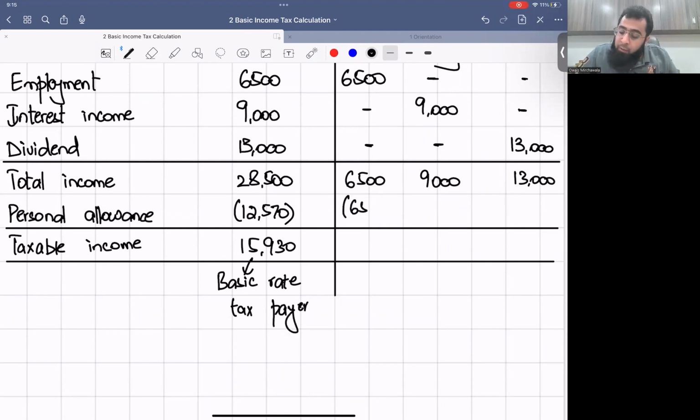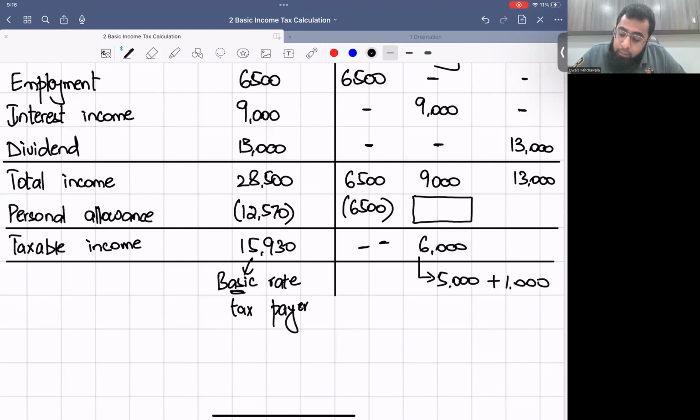Obviously, the personal allowance is first used against non-saving. In saving income, first 5,000 gets 0% because non-saving has fallen to 0. We are a basic rate taxpayer, so 1,000 more at 0%. So 6,000 will be taxed at 0%.